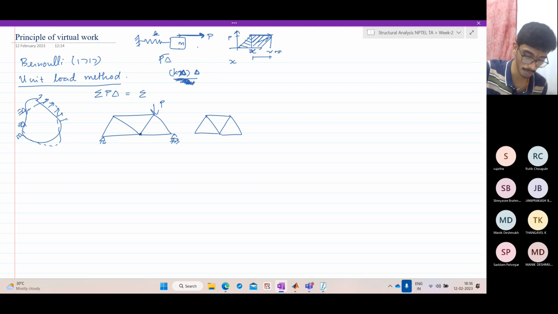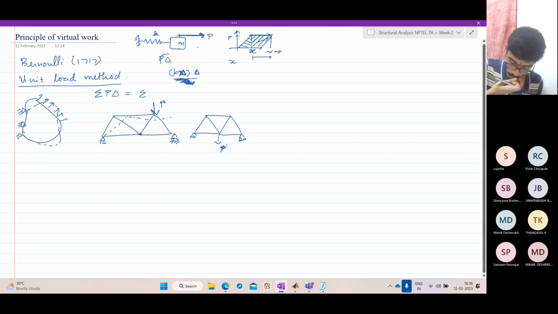Suppose I want, say, this point. Say there is some imaginary load P dash acting at this point. If there was already some load acting at this point, as the structure deforms in a certain manner, this P will do a certain work.